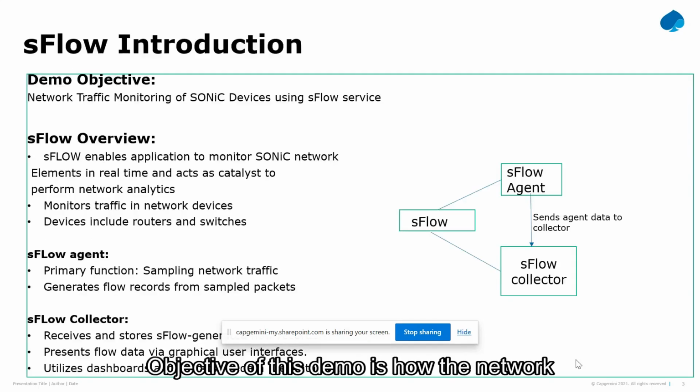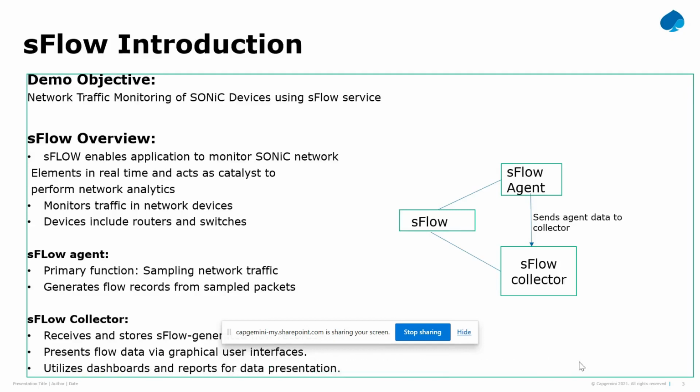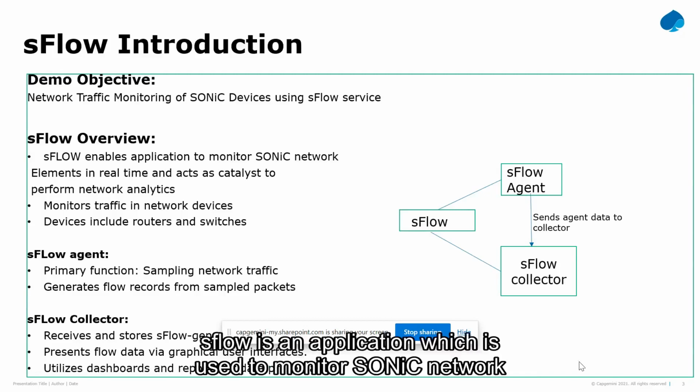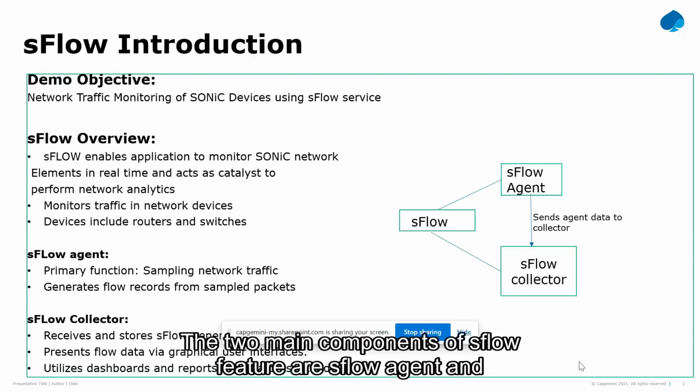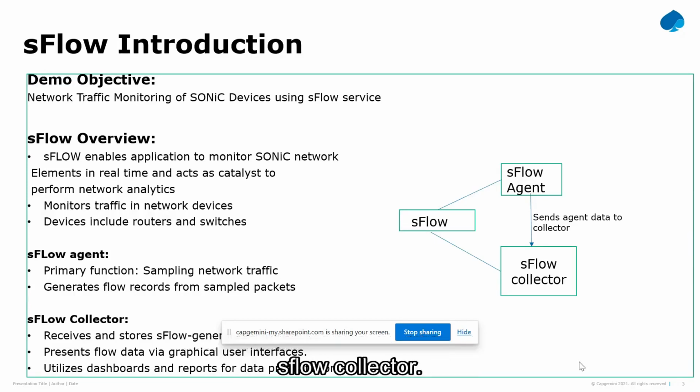The objective of this demo is how the network traffic is monitored for Sonic devices using the sFlow service. Firstly, sFlow is an application used to monitor Sonic network elements in real time and perform network analytics. The two main components of the sFlow feature are the sFlow agent and the sFlow collector.